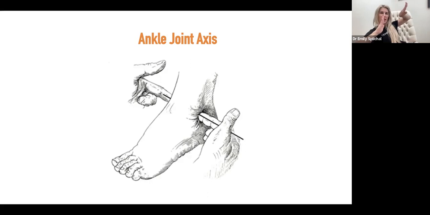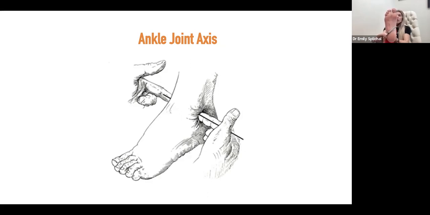So it's like this. If we were to bisect your malleoli, I'm going to bisect my right ankle malleoli, it would actually be oblique like this. If our ankle was purely a sagittal joint, that axis would be directly horizontal.